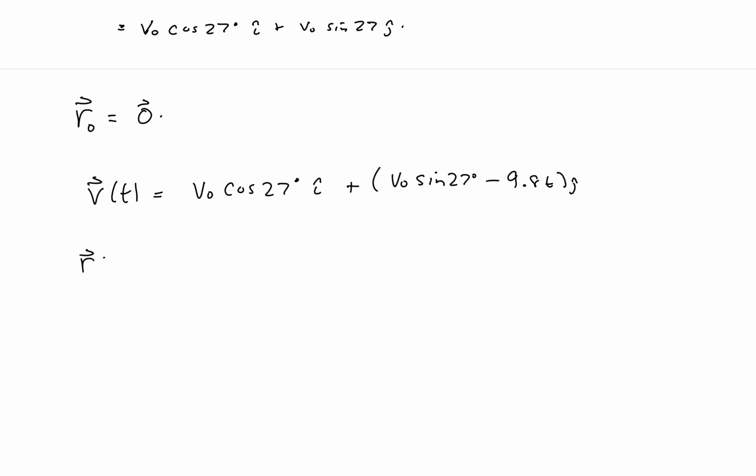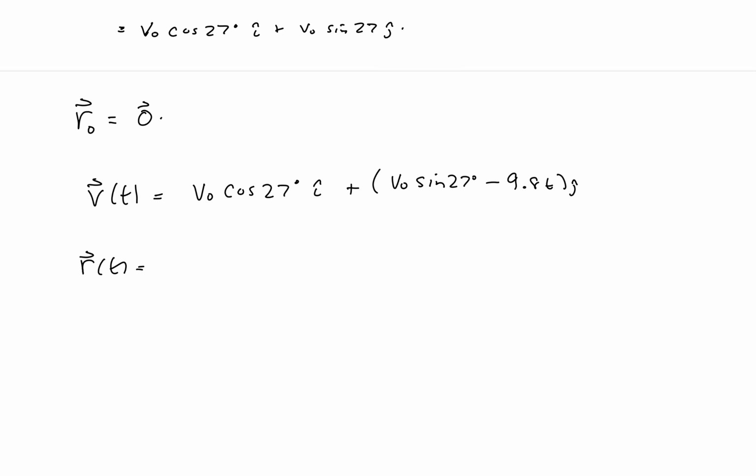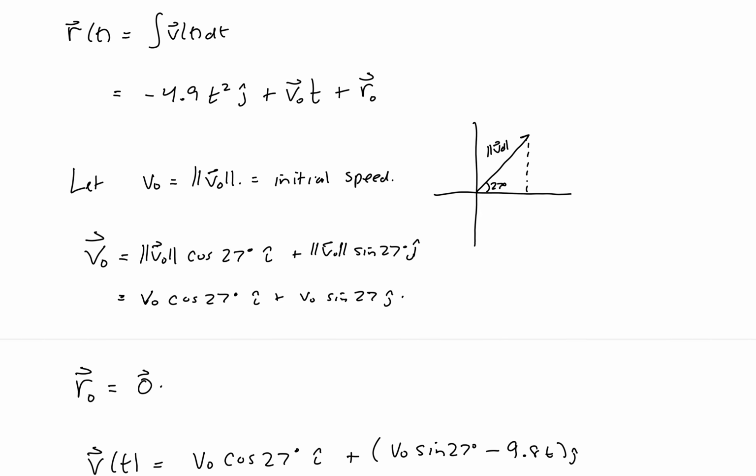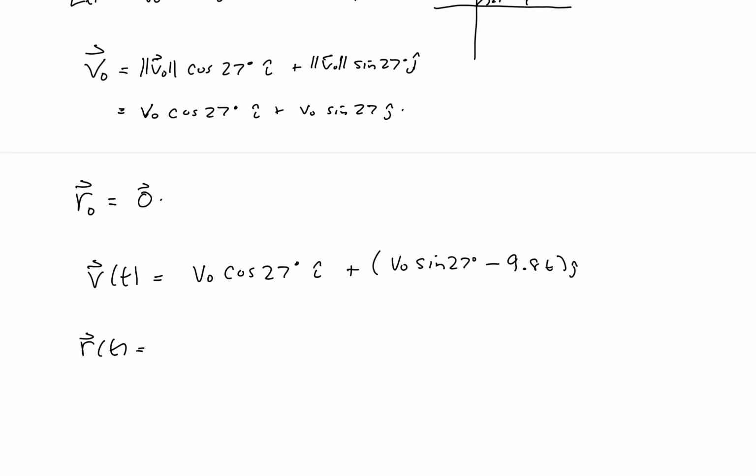And our position, well, we didn't add anything to it, so it's just v0 cosine of 27 degrees times t i, plus t v0 sine of 27 degrees minus 4.9 t squared j.